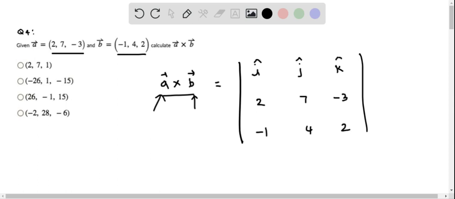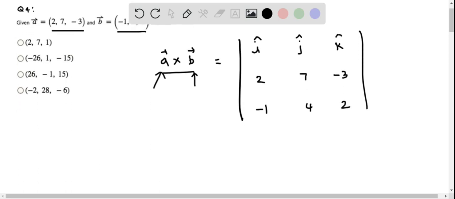So we have to evaluate this determinant. Let's expand this along the first row. So I write i vector, and this has to be multiplied with the 2 by 2 determinant, leaving the row and column represented by a vector. And so when you do that, we get this 2 by 2 determinant 7, negative 3, 4, and 2.